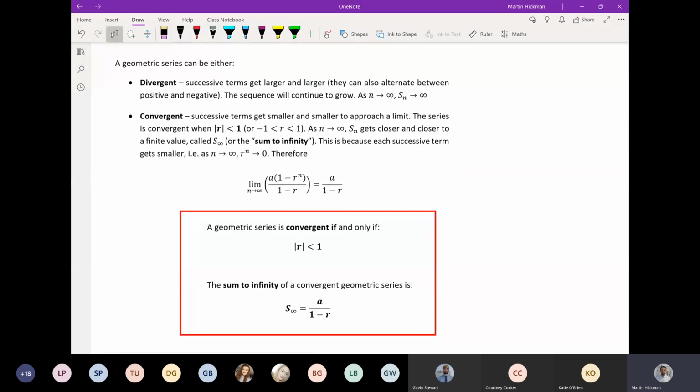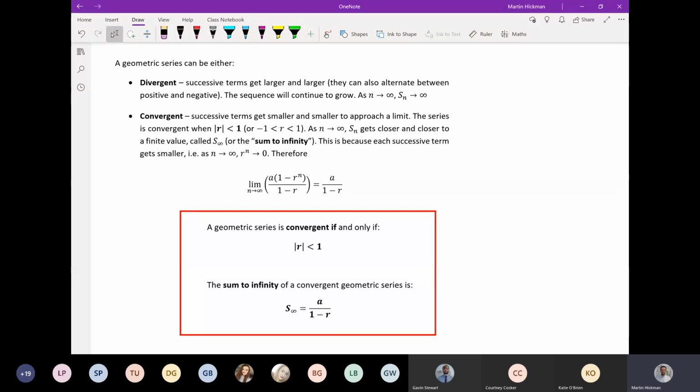Now, what we're going to focus on today is divergent and convergent geometric series. And we're also going to look at, if it's convergent, how we can find what we call the sum to infinity. Now, a divergent series is where the terms get larger and larger. So, for example, if you have a sequence that goes 2, 4, 8, 16, 32, etc., that's a divergent series.